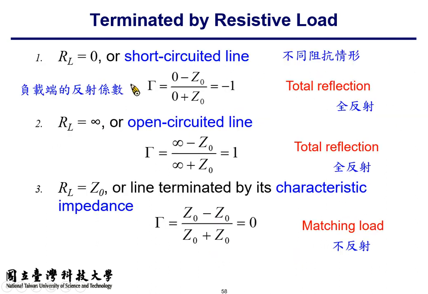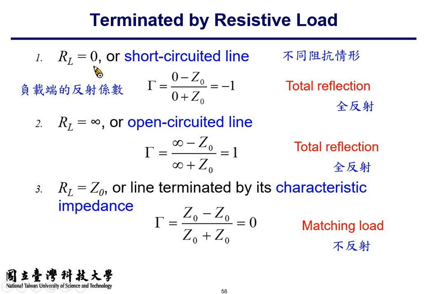Then let's take a look at some extreme cases. If the load resistance is 0, which means the transmission line is connected to a short, what is the short impedance? 0. Then the reflection coefficient will be 0 minus Z sub 0 divided by 0 plus Z sub 0, which equals -1.